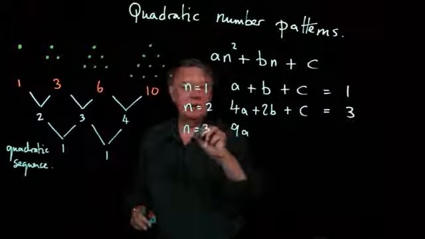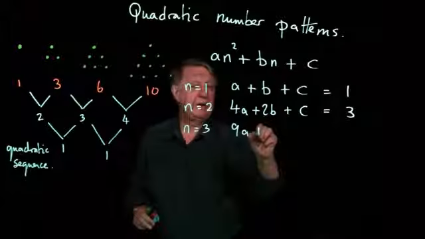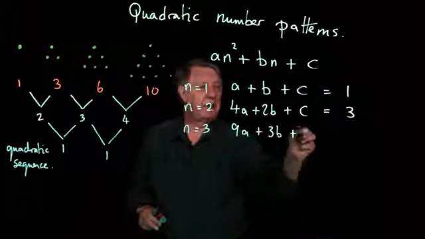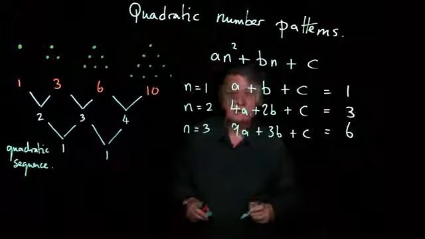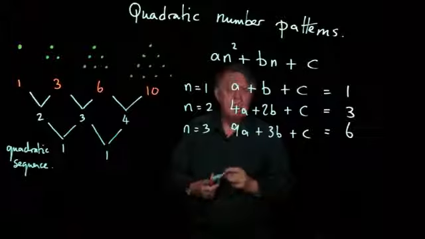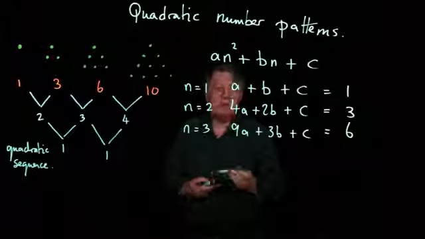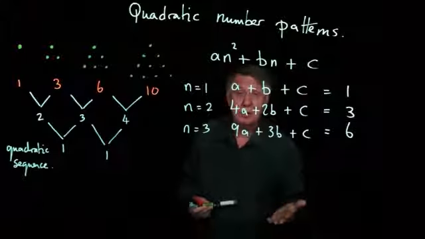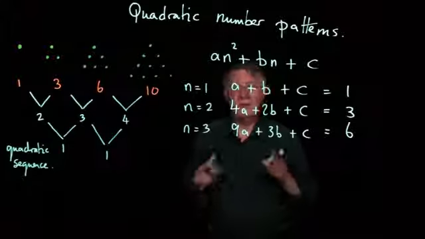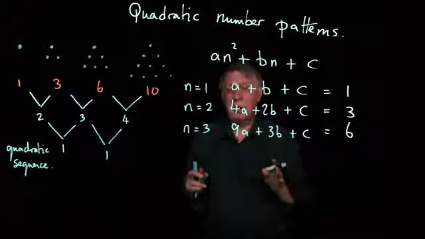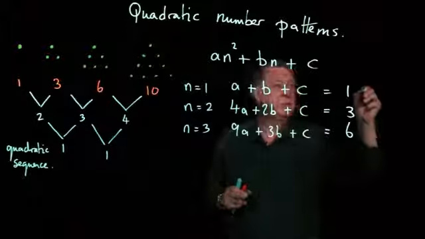Let's make a note of that, n equals 3. 9a plus 3b plus c, and the third number is 6. So this perhaps looks a bit scary to some of us because I've got 3 simultaneous equations. Fortunately, they've got something about them that's quite easy to handle.